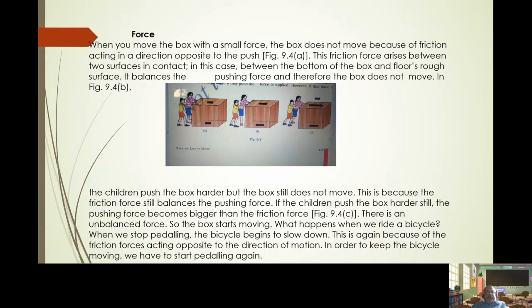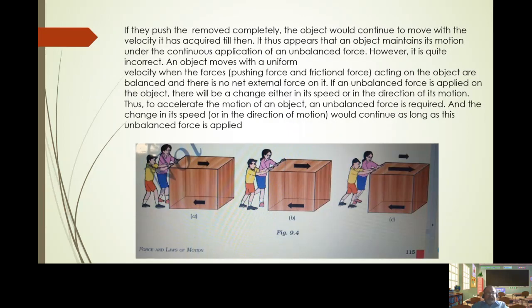If we stop pushing completely, the object would continue to move with the velocity it has acquired till then. It thus appears that an object maintains its motion under the continuous application of unbalanced force.